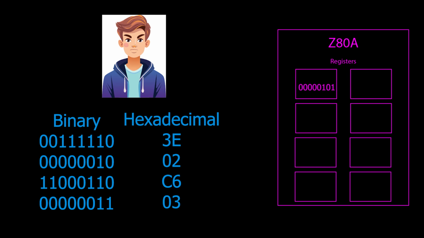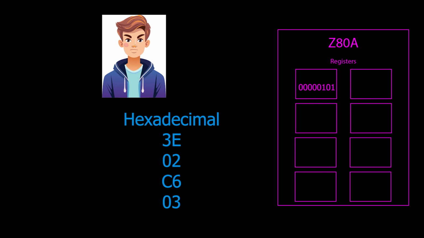But even so, is someone really expected to memorize a load of hexadecimal numbers? Well, no. Realizing the impracticality of this, the designers of microprocessors like the Z80 generated a set of mnemonics for each instruction to make them easier to remember.